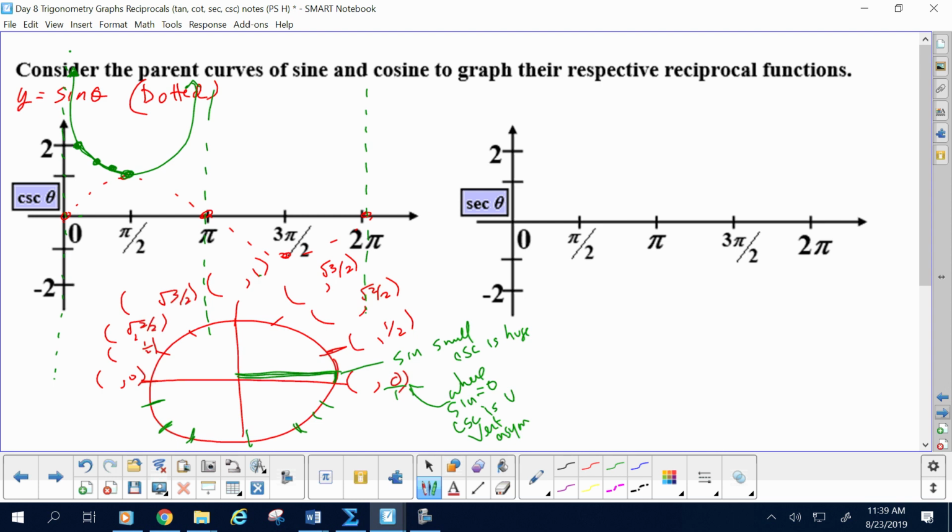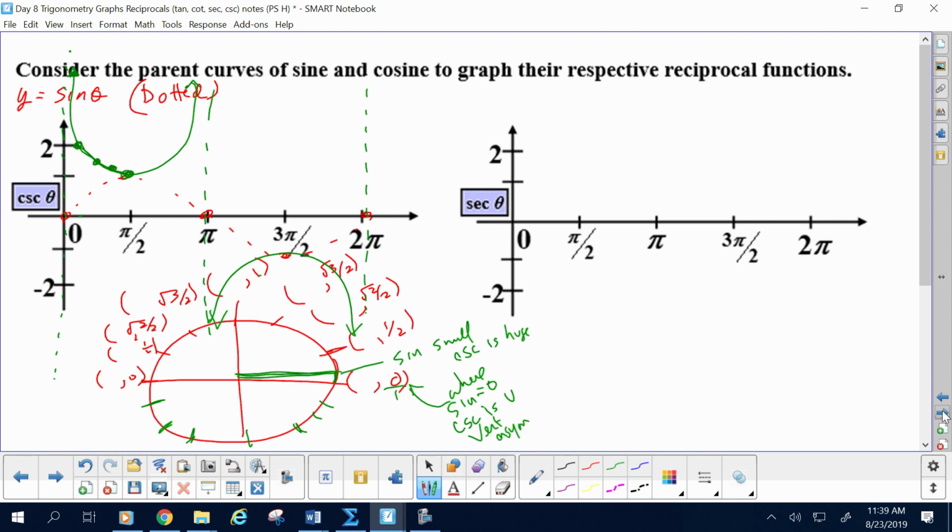It looks just like that. So I always think this looks like wallpaper. If you were to not have the sine curve and you were to look at cosecant, it looks like this. Just over and over forever. Lots of asymptotes in there.